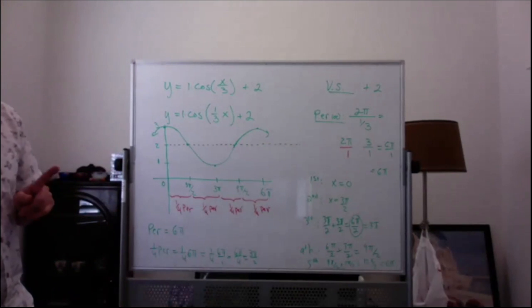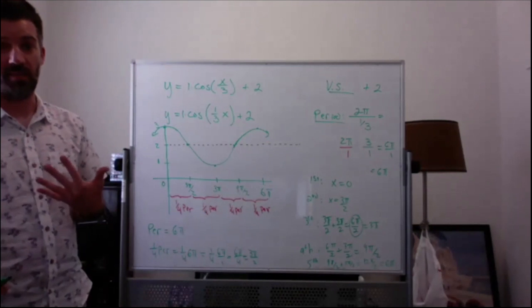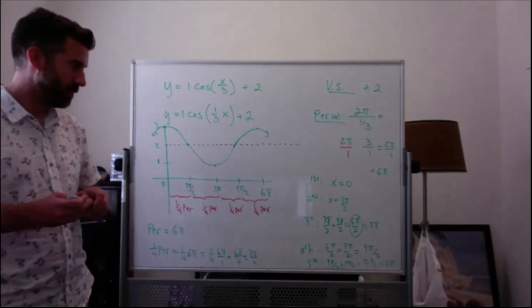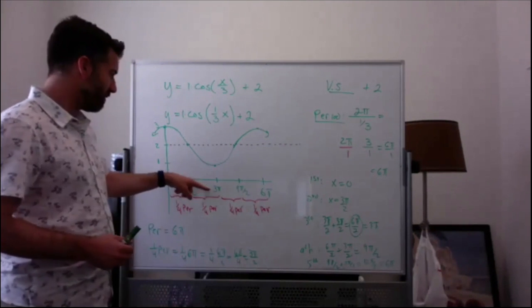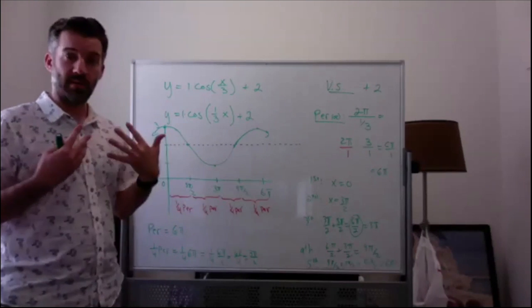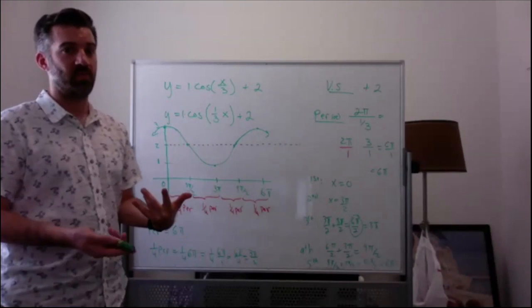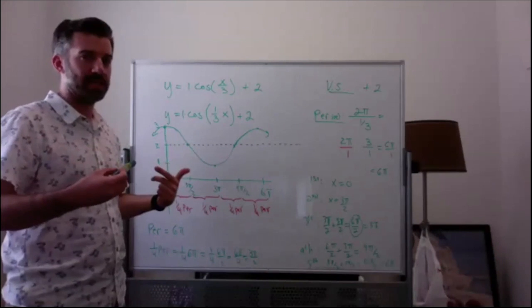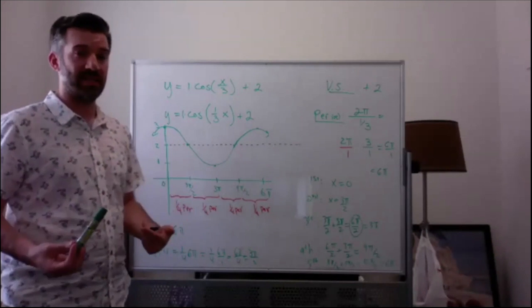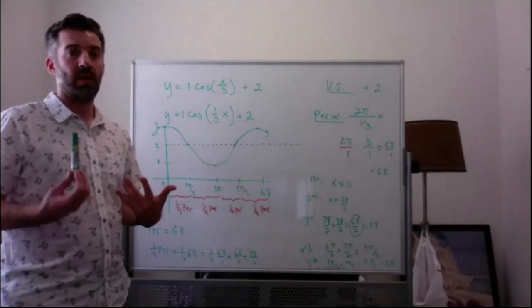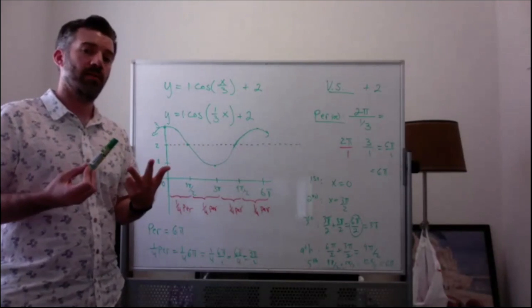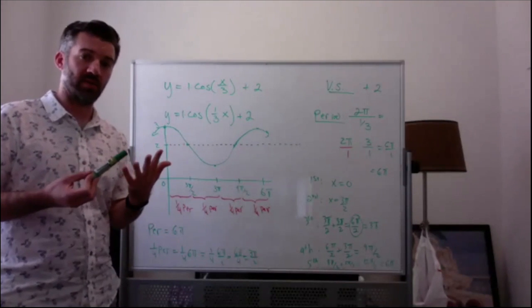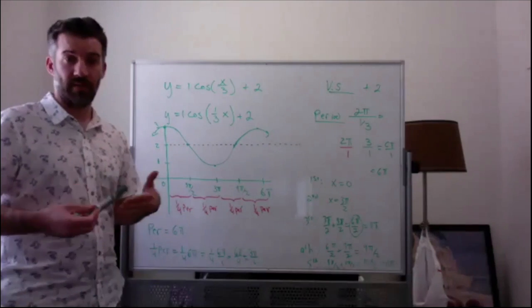One more thing I want to say, because this is really important. The reason that these values are the important values is because when we plug them in for x, they're going to give us the usual angles, pi over 2, pi, 3 pi over 2, and 2 pi that we usually evaluate the trig functions at.